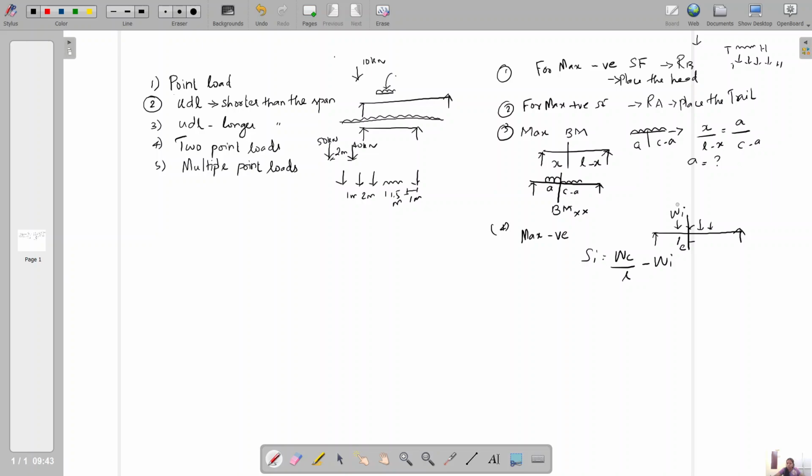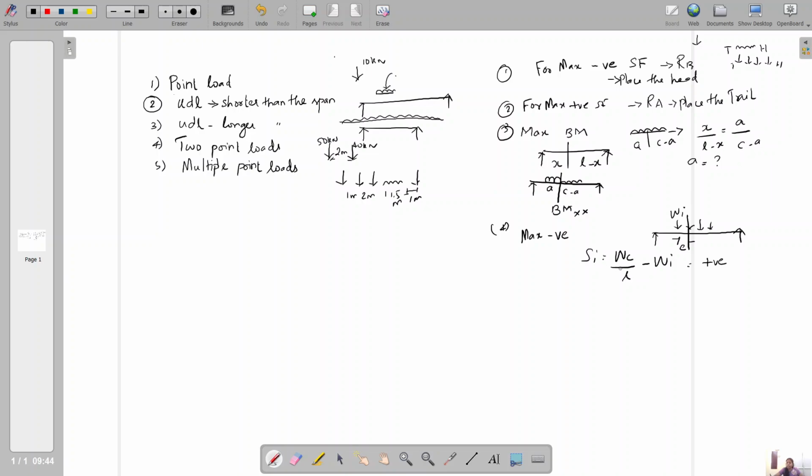The load which moved away from the section is the critical load. L is the span. If the SI ratio is positive, you have to give another trial to get a negative value, because a positive sign represents an increase in shear force value. And if you get negative, consider the previous one.